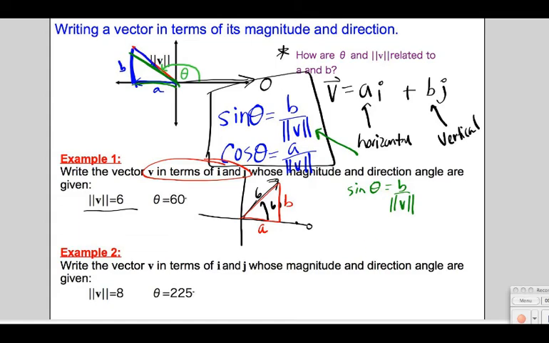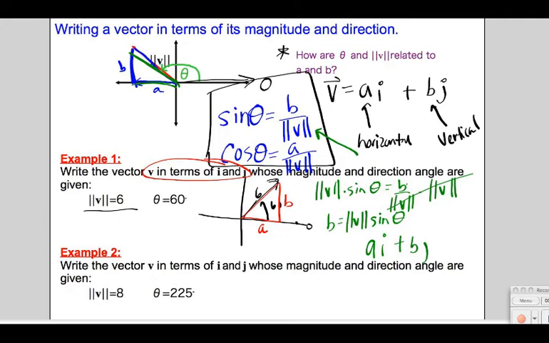I want to find ai plus bj, so I need to find b and plug it into this formula. So let's solve this equation for b by multiplying both sides by the magnitude of v. So a more helpful equation is that b is the magnitude of v times the sine of theta. That's how I'll find b. b, as in boy.